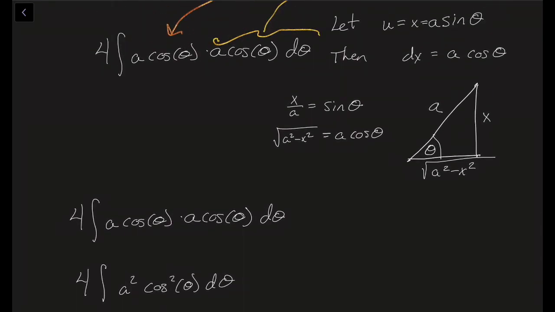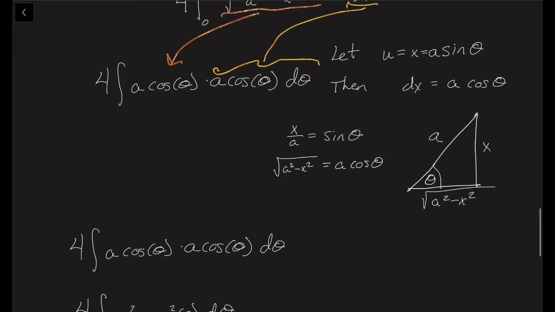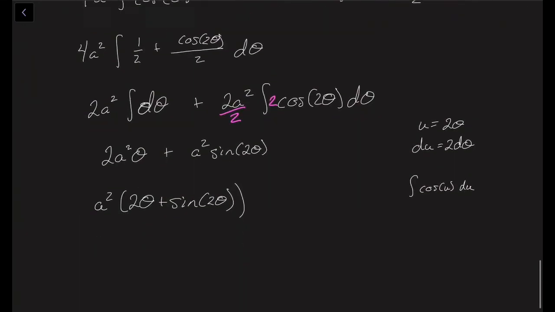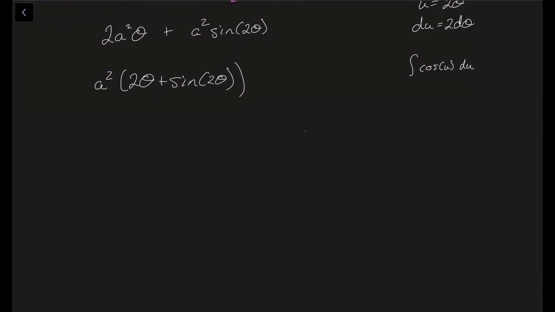And if sine of theta is x over a, theta is arc sine of x over a, and that's a little messy. So let's go ahead and figure out what 0 and a are in the theta world. So 0 in the x world goes to something in the theta world, and a in the x world goes to something in the theta world.